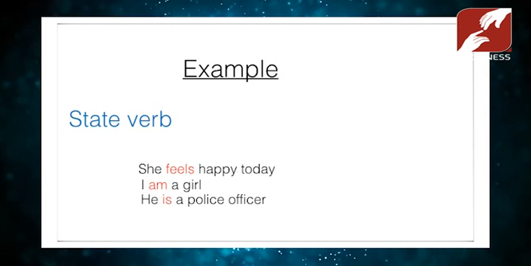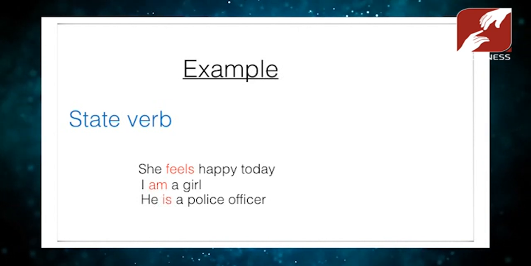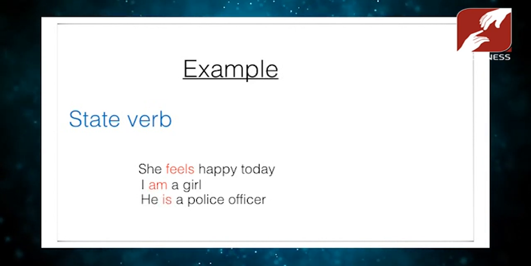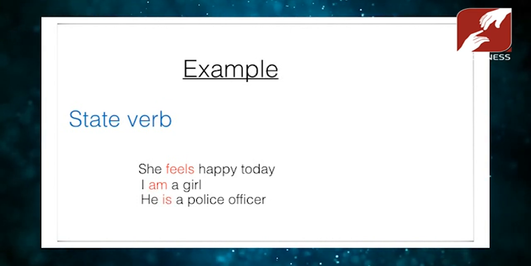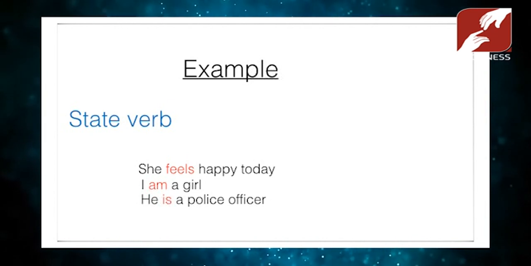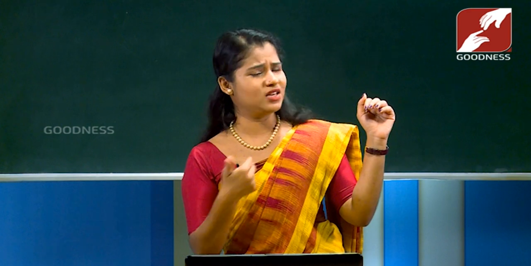And the last one: he is a police officer. Which is the verb over here? Yes, it is. And just think, this is a simple, minute, single word, isn't it? So, let me skip it off and say "he a police officer." Is there any change in the sentence?